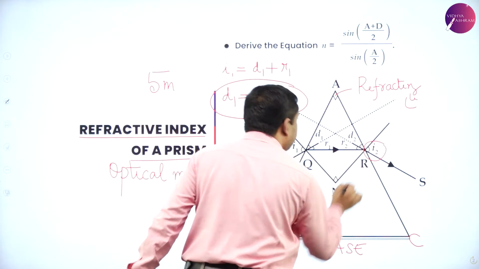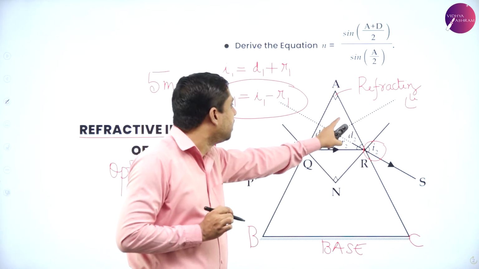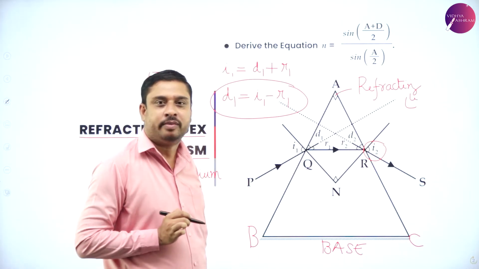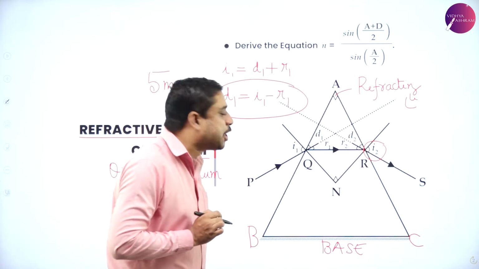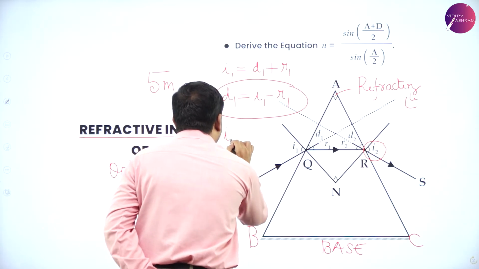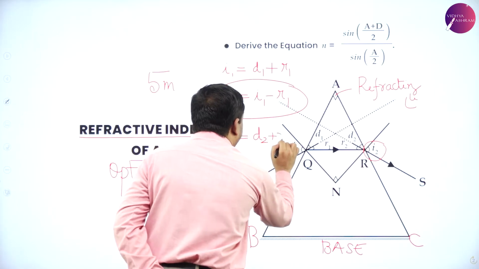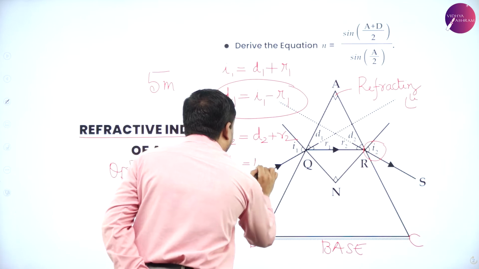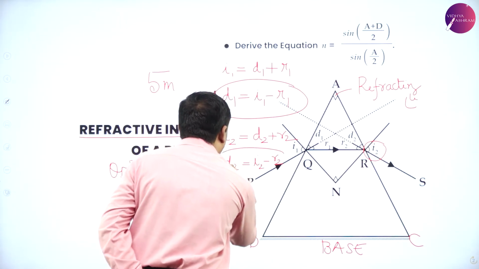Similarly, I2 is composed of D2 and R2. I2 is composed of D2 and R2. Therefore, I write I2 is D2 plus R2, or D2 is I2 minus R2.